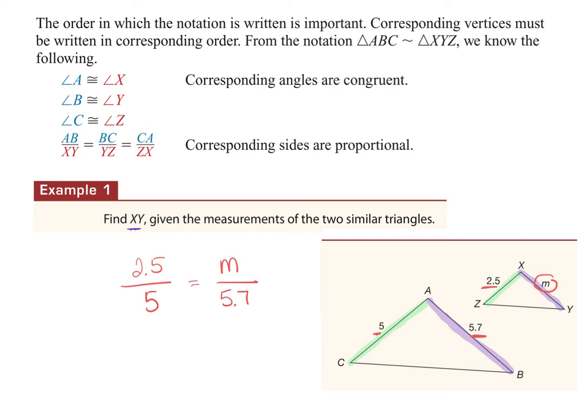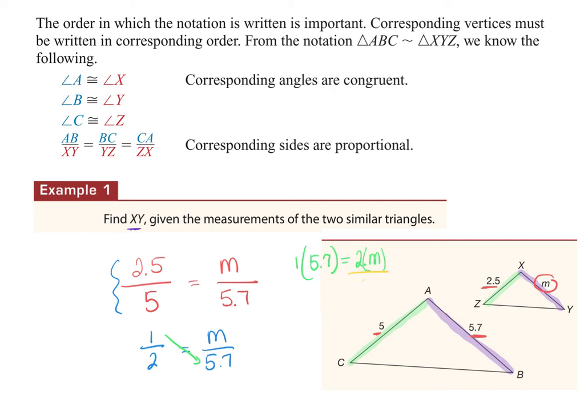Does everybody see that 2.5 is half of 5? So I can write that as 1/2. And this is going to be a little bit easier to cross multiply, don't you think? All right, so now I have this set up. I can cross multiply. I can say, well, 1 times 5.7 equals 2 times m.